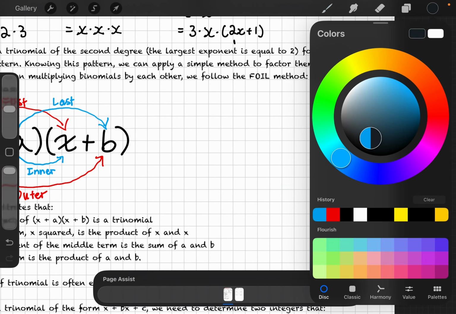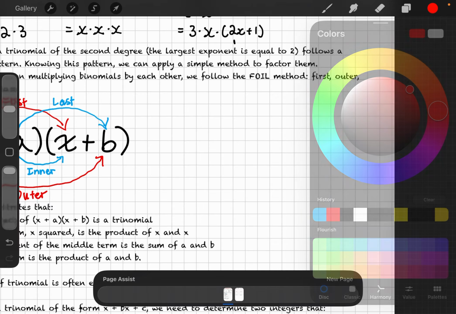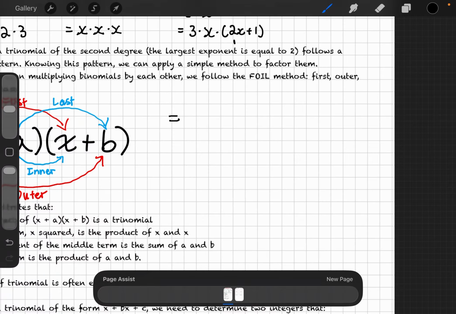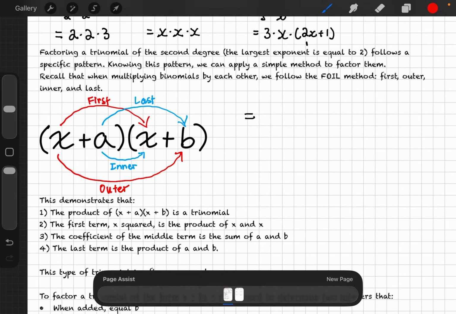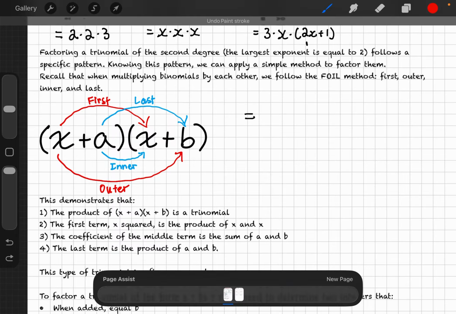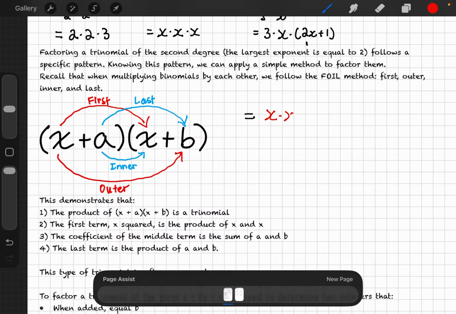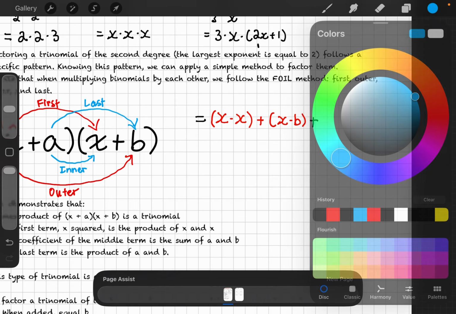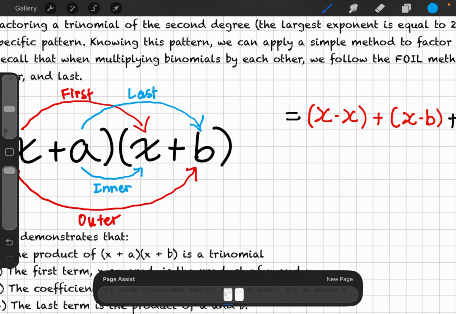I'll revert back to my colors. So this is equal to, when we multiply the first two numbers here, x and x, this will be x times x in brackets, plus here outer, the two outer numbers here, x and b, plus x times b, plus here we multiply the two inner numbers, a times x here.